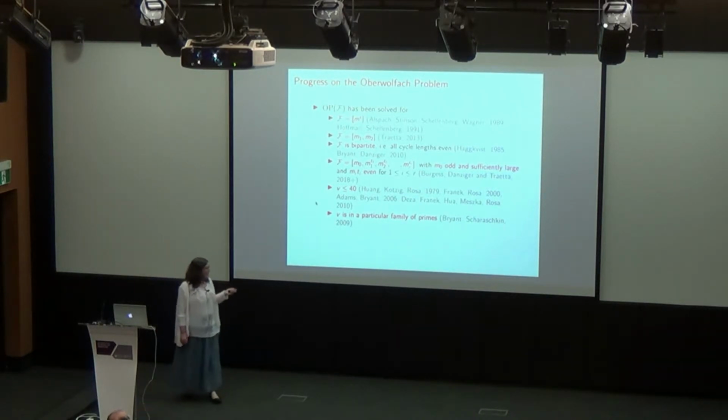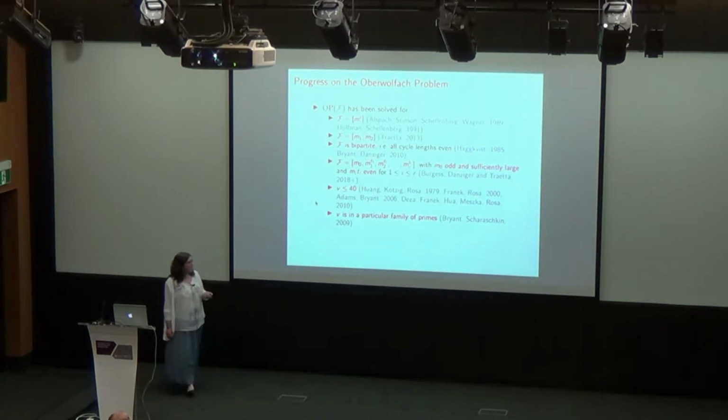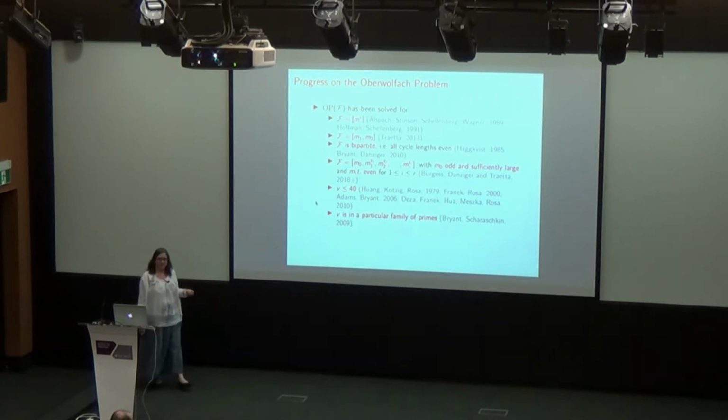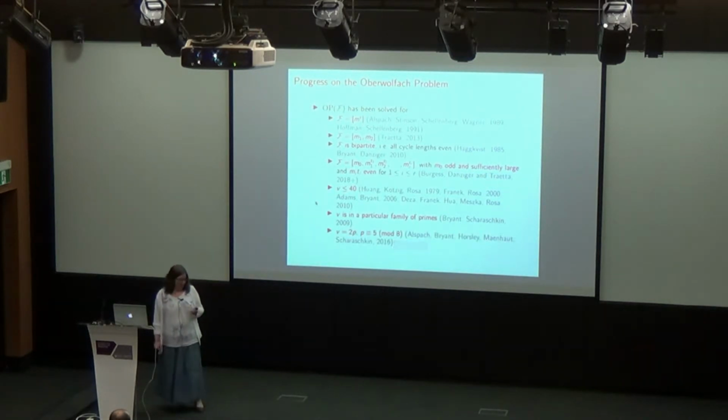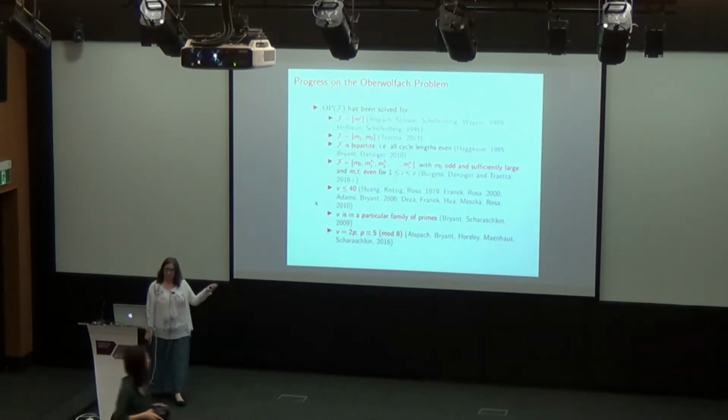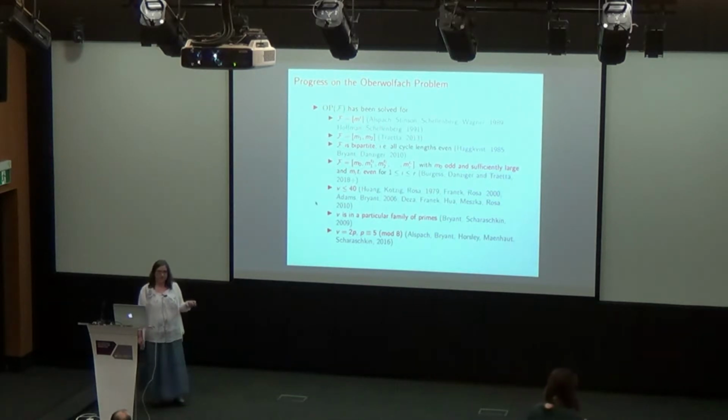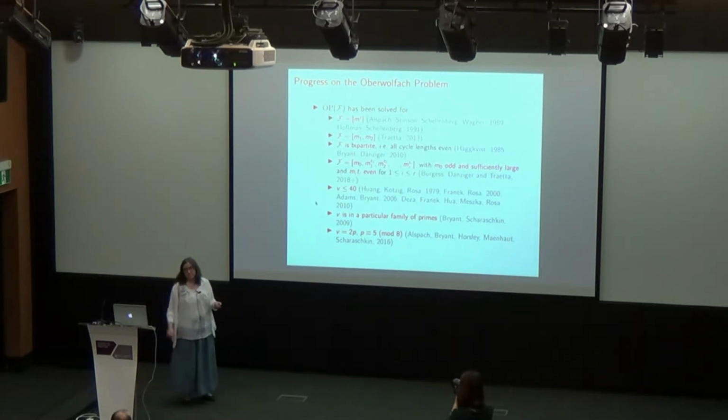In 2009, Bryant and Scharaschkin found a complete solution for certain orders in a particular family of primes, and the group in Australia has also found complete solutions for v of the form 2p, where p is a prime which is 5 mod 8. But in general, the Oberwolfach problem is still quite open.